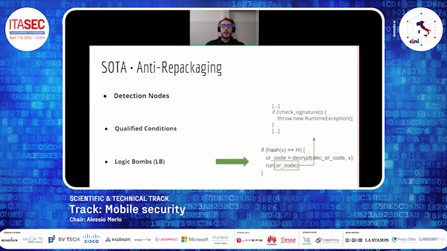Logic bombs are an encrypted piece of code which hide some integrity controls. Malware, for example, leverages logic bombs to hide the malicious payload, and contrary to malware, in anti-repackaging techniques we leverage logic bombs to hide the detection node inside the application.